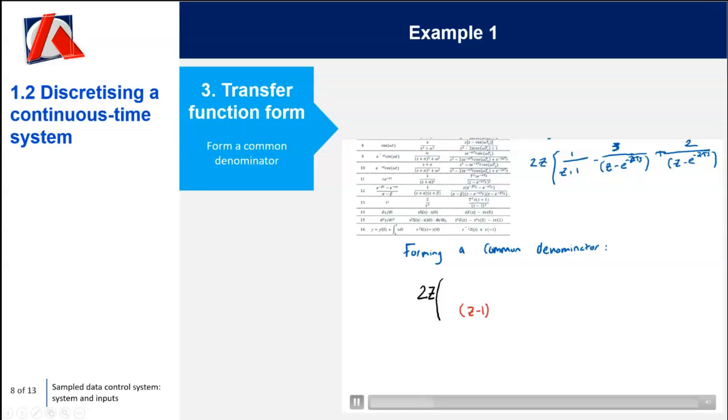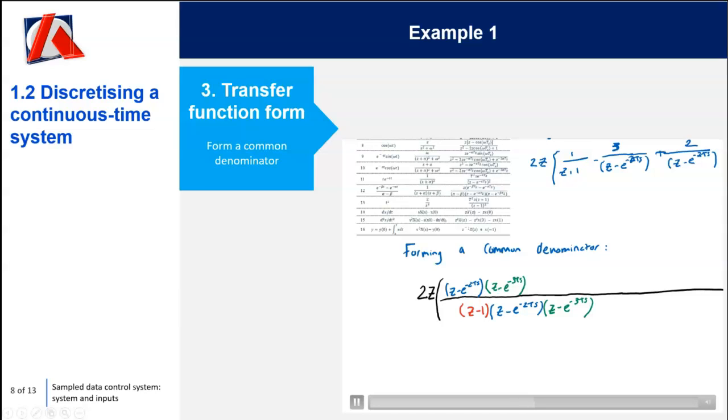So 2z, z minus 1, z minus e to the minus 2ts, multiplied by z minus e to the minus 3ts. And then what we're effectively going to do is work our way across. So if we just wanted 1 over z minus 1, what fractions would we have to put here? So it'd be these 2 effectively. So if we put these 2 up here, then they would effectively cancel with them, then we'd just end up with 1 over z minus 1.